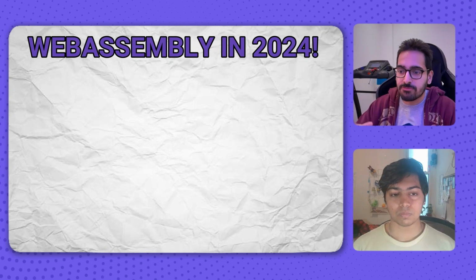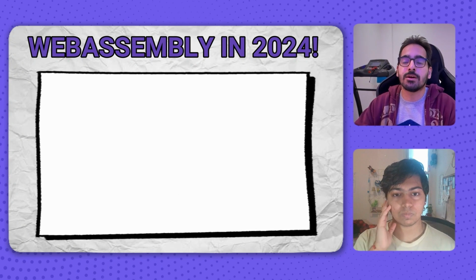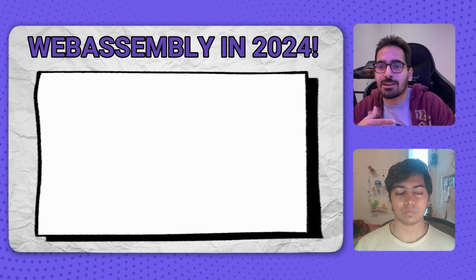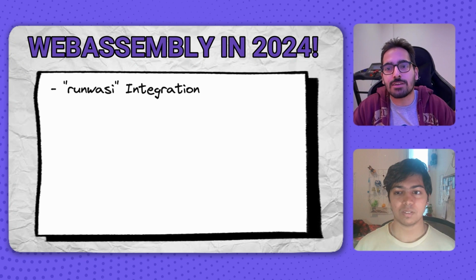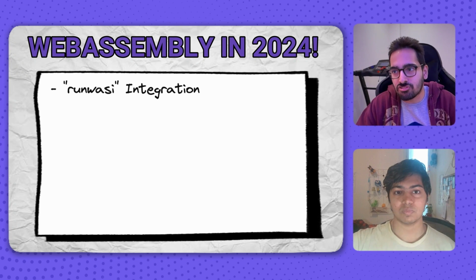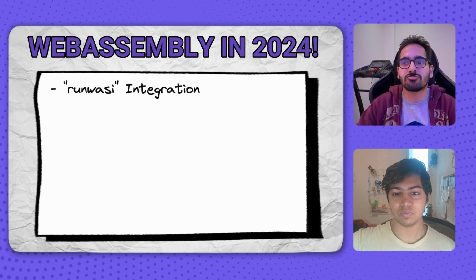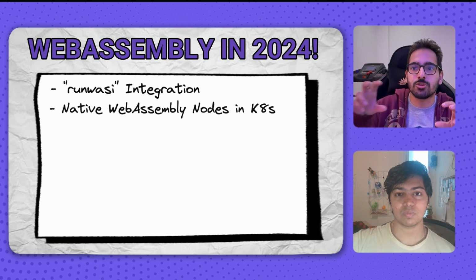Coming to 2024, what's in the bag for WebAssembly? In my opinion, I am a cloud native and Kubernetes fan, so I always start from that angle first. That would be the WASI integration getting more mature, and we'll soon start seeing multiple cloud providers offer native WebAssembly nodes as an option for their Kubernetes offering.